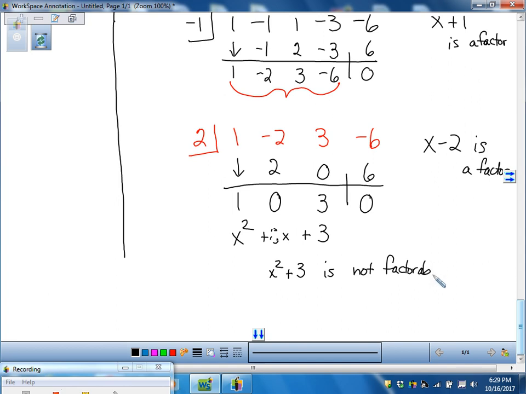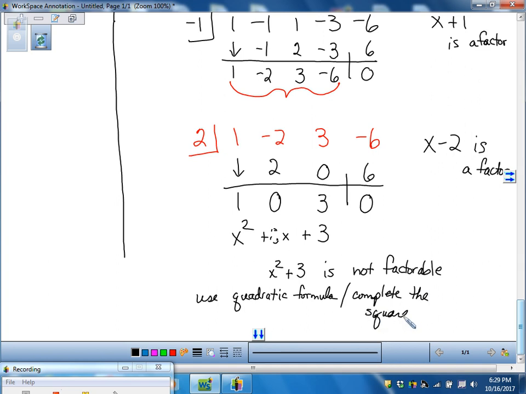But once it becomes a quadratic, at this point you could try to factor it, you could use the quadratic formula, you have a lot of options. You could complete the square. Those would probably be my 2 options I would try. Use the quadratic formula or complete the square. We'll talk more about that later.